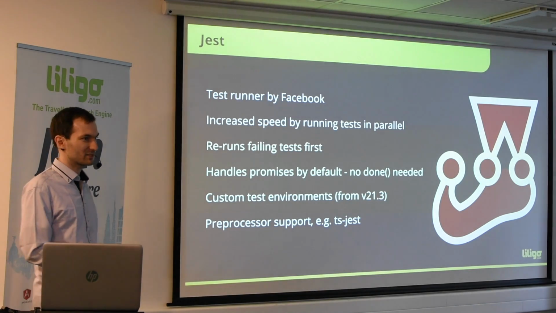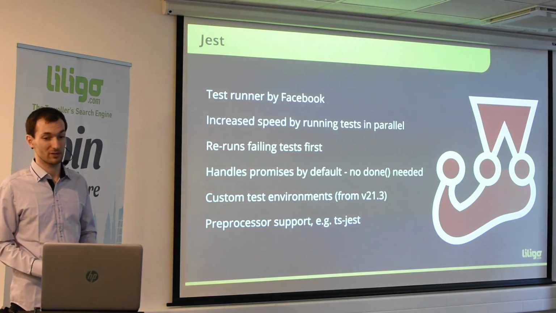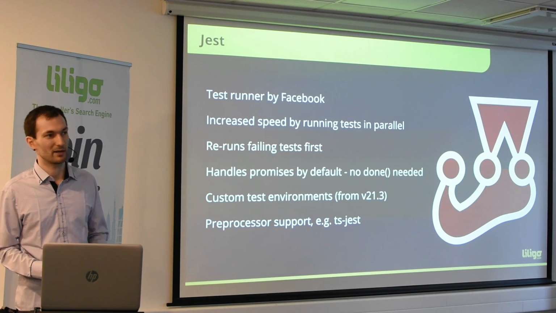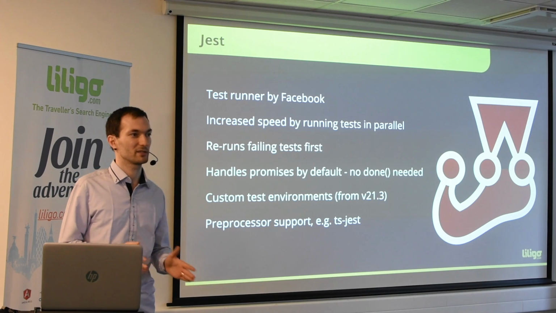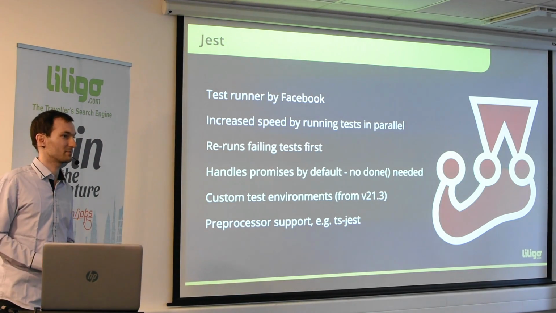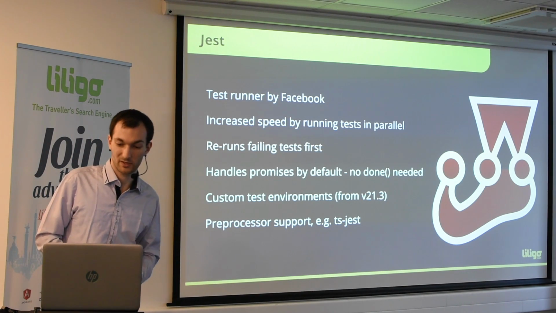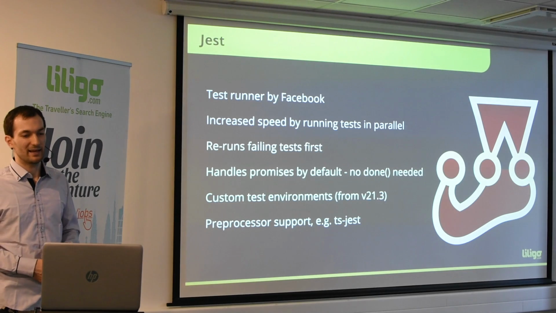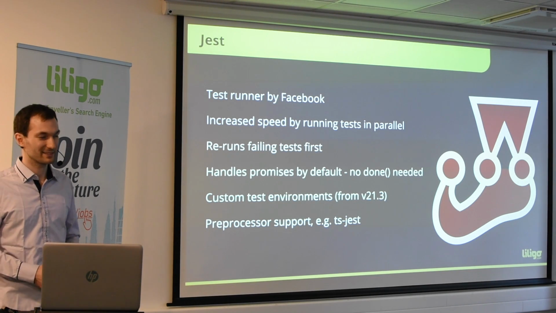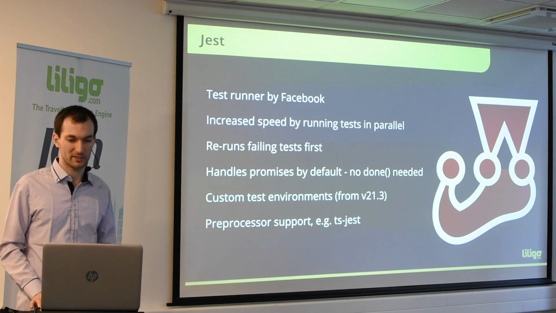Now, Jest is a test runner by Facebook, and it served us really well because it can run tests in parallel in separate node processes and handles promises by default. So does it with async functions, because they just return promises, and it provides us custom test environments where you can tweak some integration code with Puppeteer.